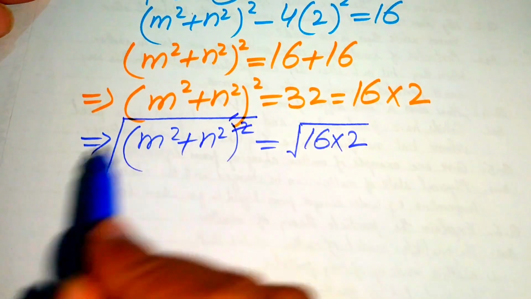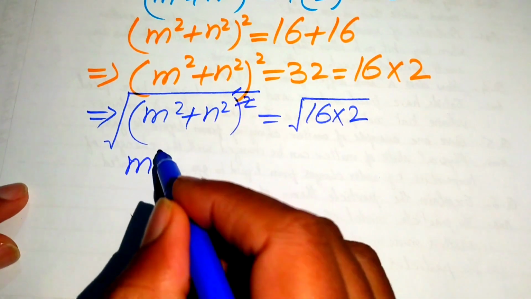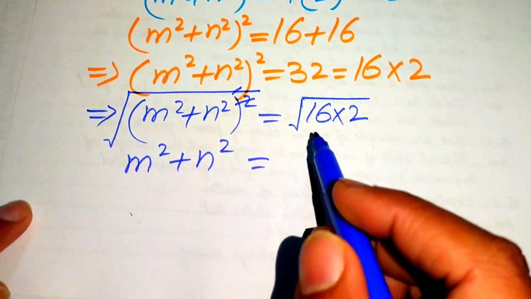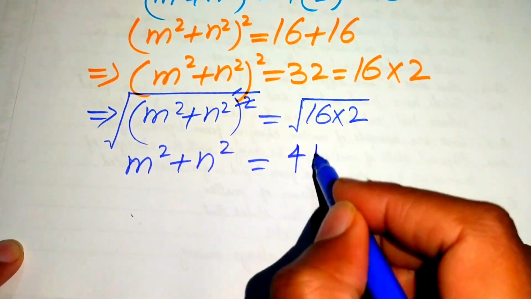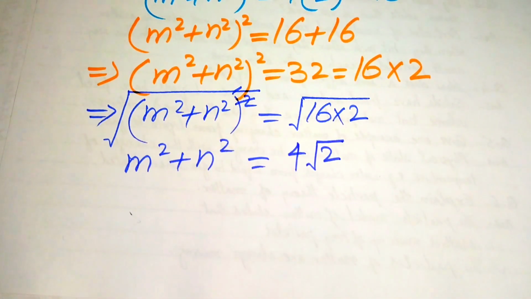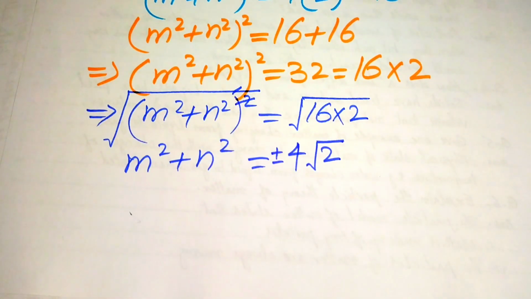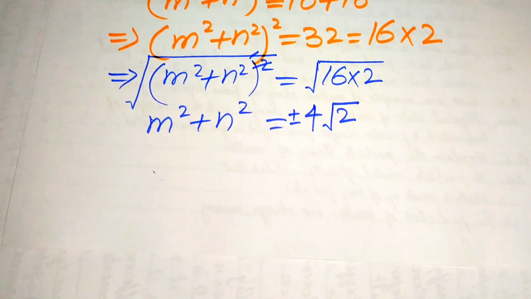And here you see that the square and square root cancel each other, and we obtain m square plus n square equals, we know that the square root of 16 equals 4, and the square root of 2 stays as root 2, and this will be with a plus minus sign because we take the square root on both of the sides.